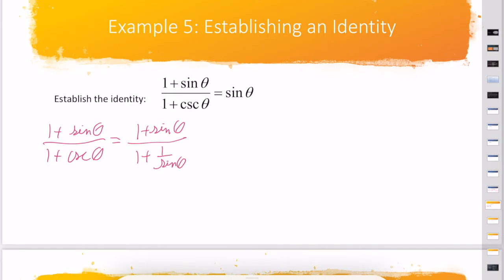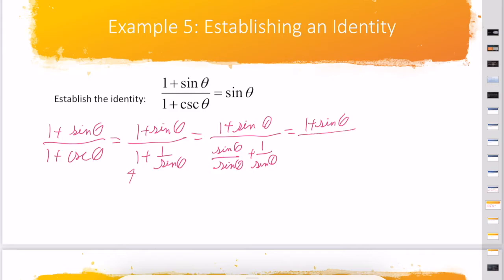Now I need to write this denominator as a single fraction. So I can rewrite 1 as sine of theta over sine of theta. So that gives me 1 plus sine of theta divided by sine of theta plus 1 over sine of theta.